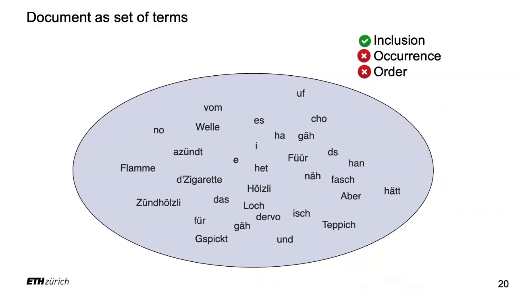By the way, you probably noticed that I interchangeably used the terms word and term, right? For today, you can consider that it's the same. A term is a word.